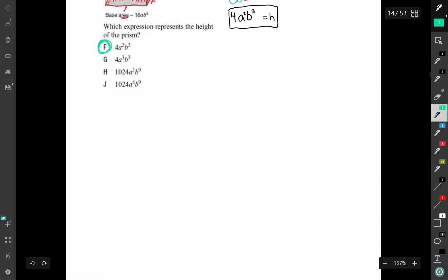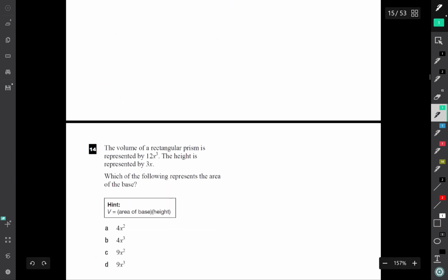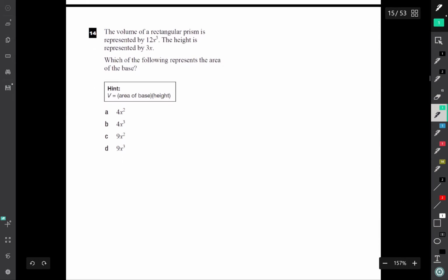Okay, moving along. The volume of a rectangular prism is represented by 12x cubed. The height is represented by 3x. Which of the following represents the area of the base? Well, this is kind of like a different version of the question we just did.